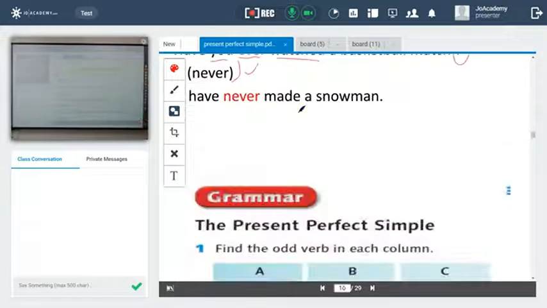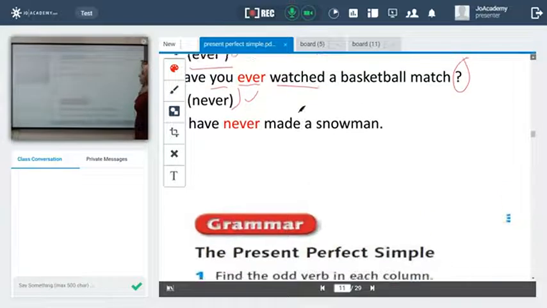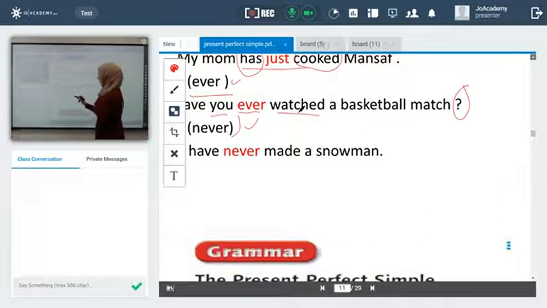Now, what about never? Look at the following sentence. I have never made a snowman. What does it mean? Have you made a snowman or you haven't made a snowman? It's a negative sentence. So never usually indicates negation.